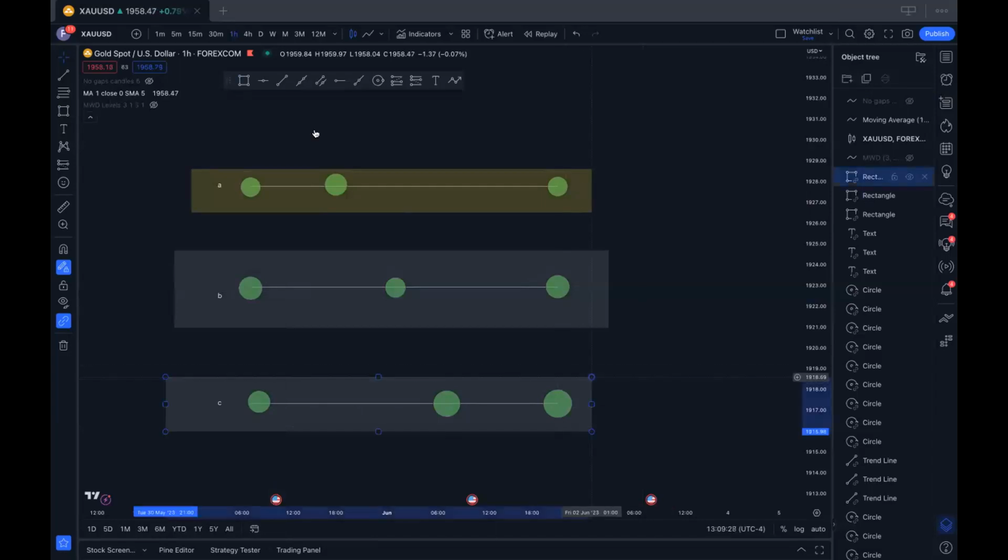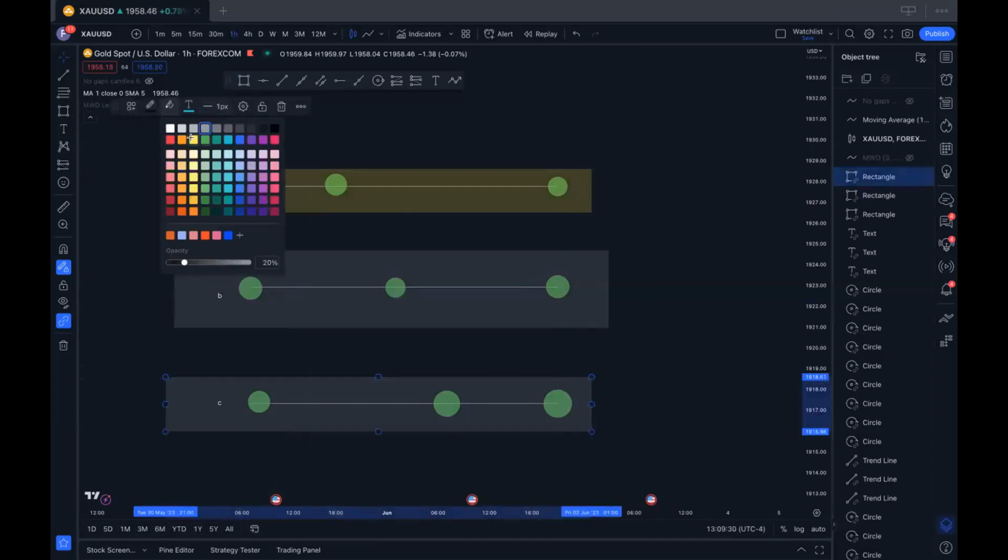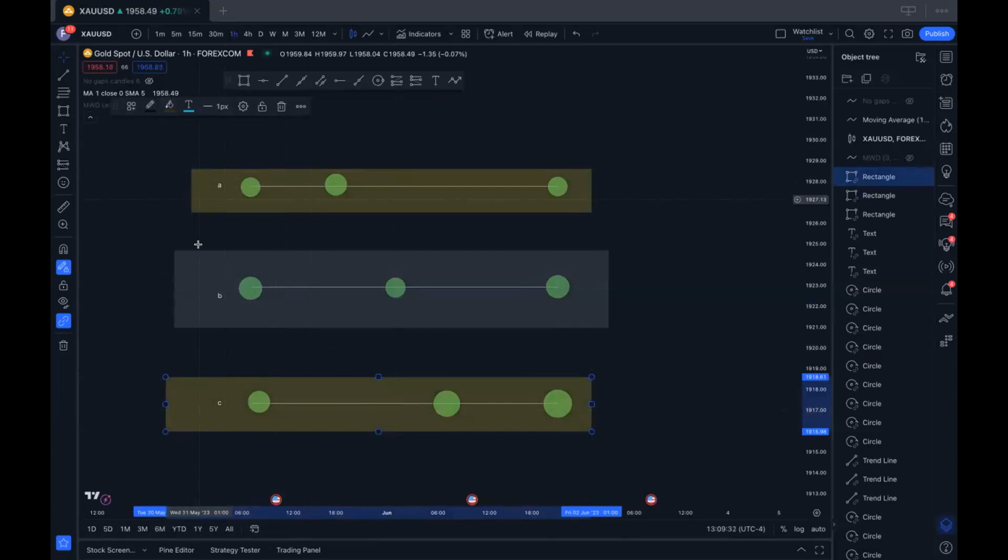Not exactly. A and C, these two can be used on H4 and above. H1 and below, you need them to be evenly spaced, equal, or damn near equal.